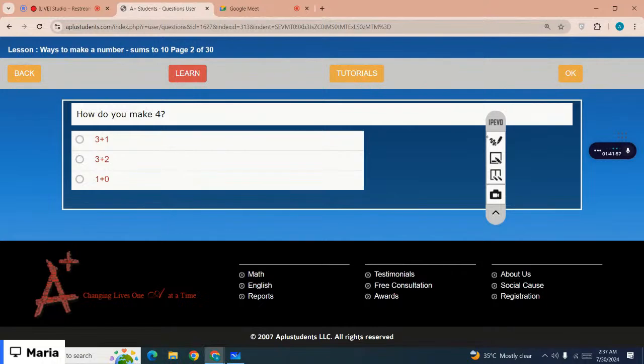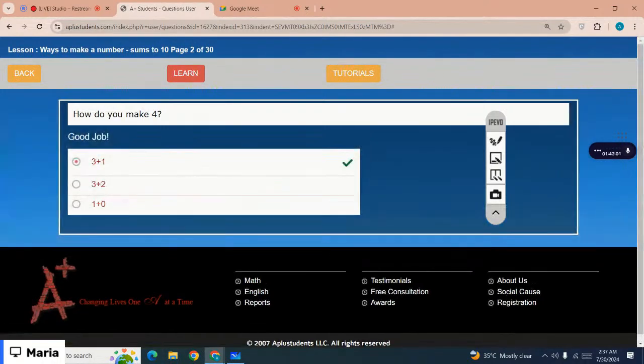The correct option is 3 plus 1. Option number 1 is the correct option.